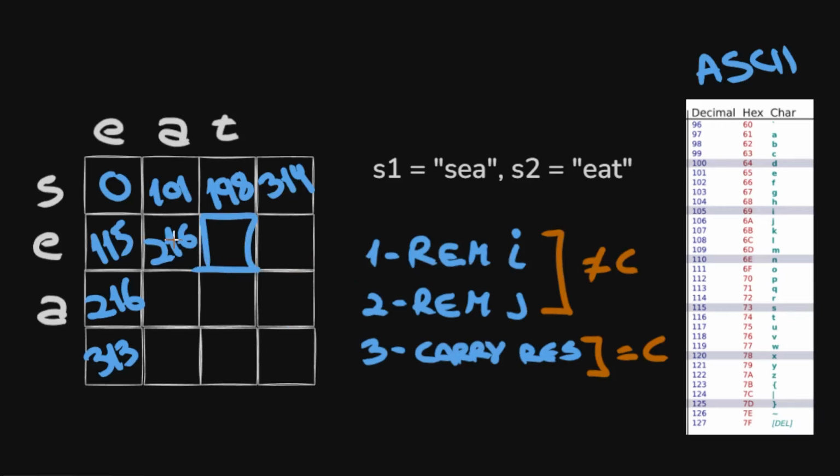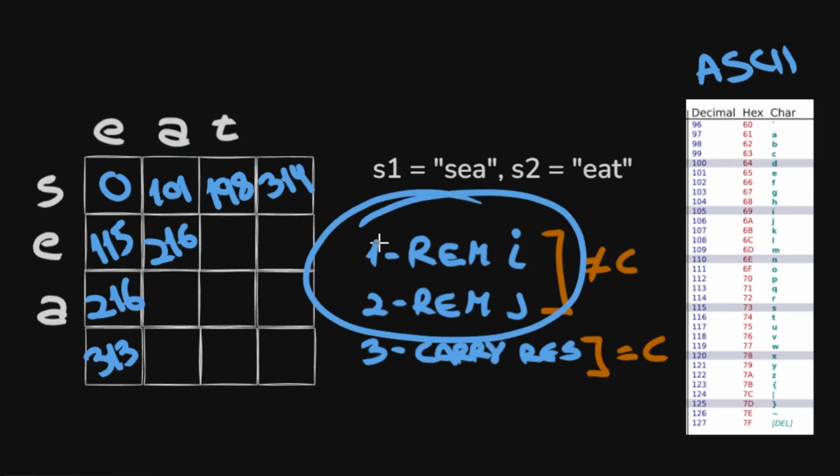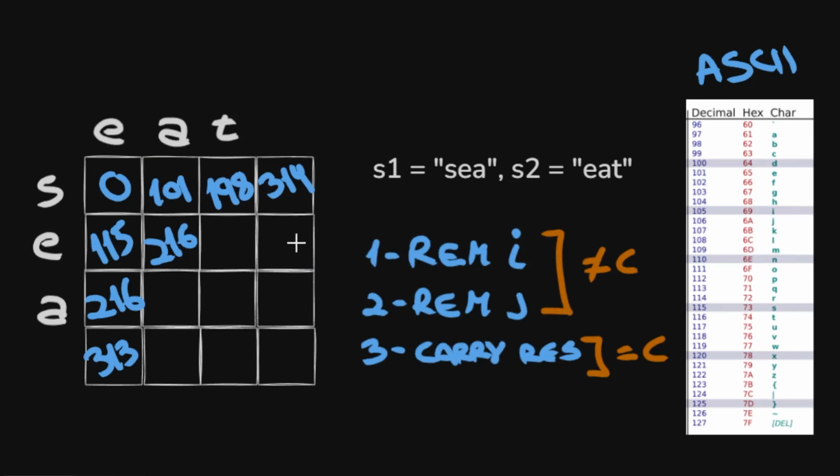Now we are here, we are looking at the first character in S1 and the first two characters in S2. Given that S is different from A, here we have two choices again. So we explore these two choices, we keep the minimum value among them, and this number is 313.